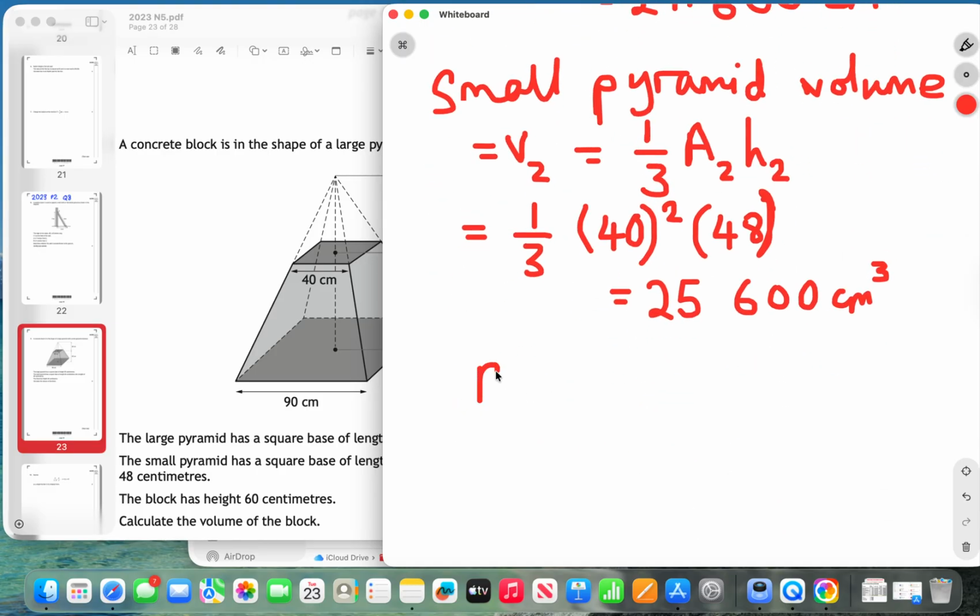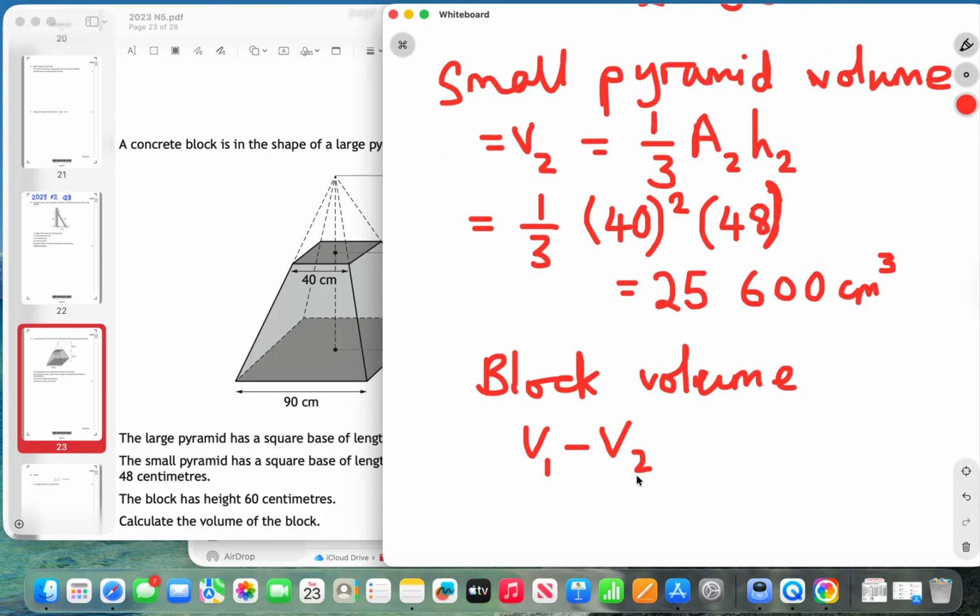So we say the block volume, and this is where it becomes so much easier now that we've labelled V1 and V2. V1 minus V2. 291,600 take away 25,600.